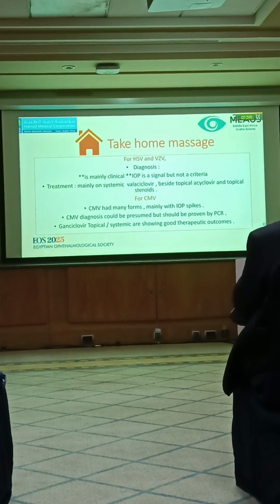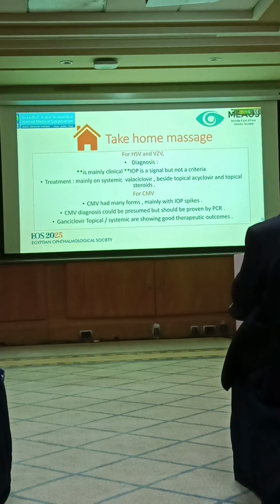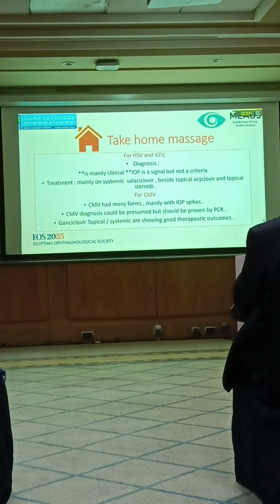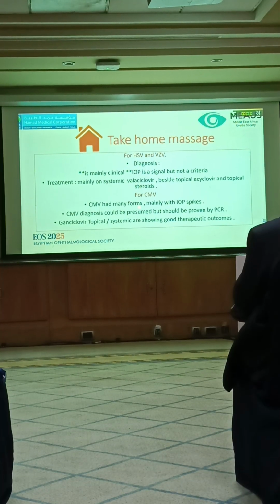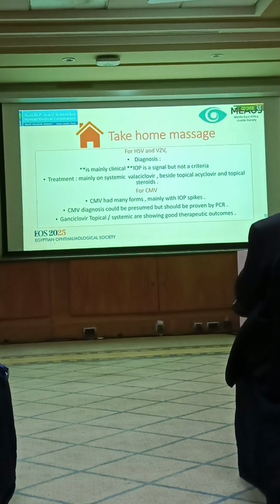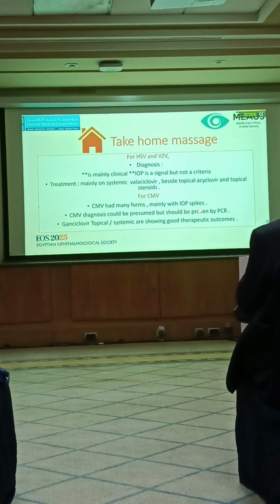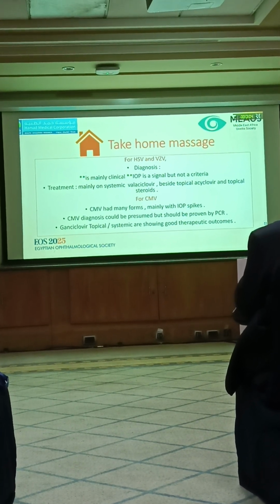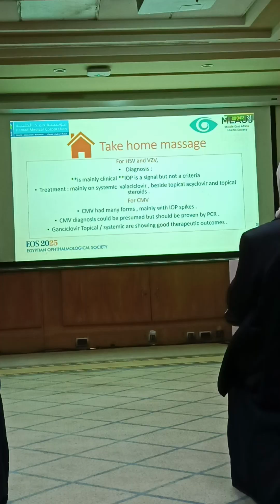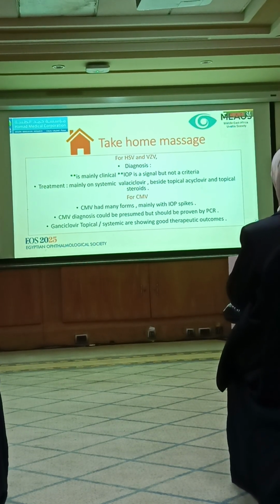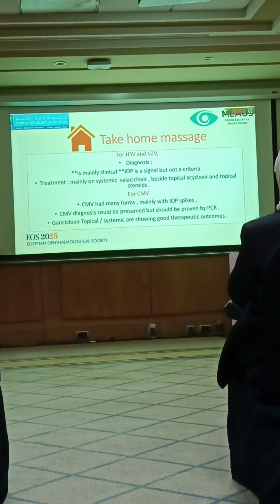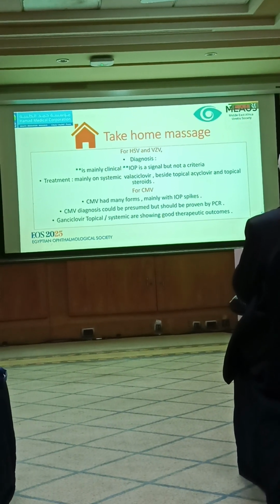There is no CMV with no IOP, not like Fuchs. CMV diagnosis could be presumed if you don't have the PCR or the PCR failed to prove it, but it should be proven if you are following the SUN criteria. And the ganciclovir, topical and systemic, is showing good therapeutic outcomes in such cases to avoid any glaucoma surgery. Thank you very much.